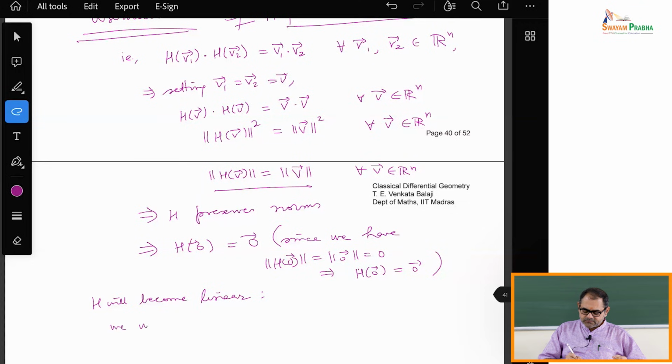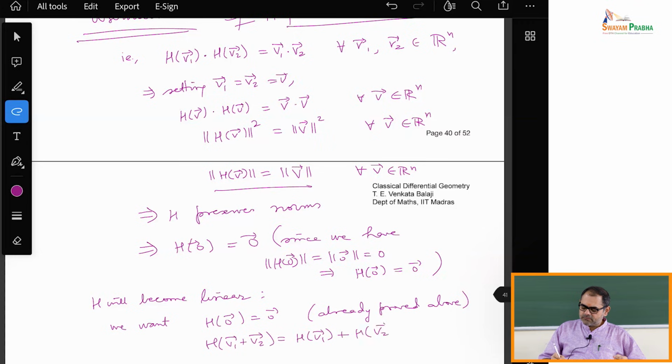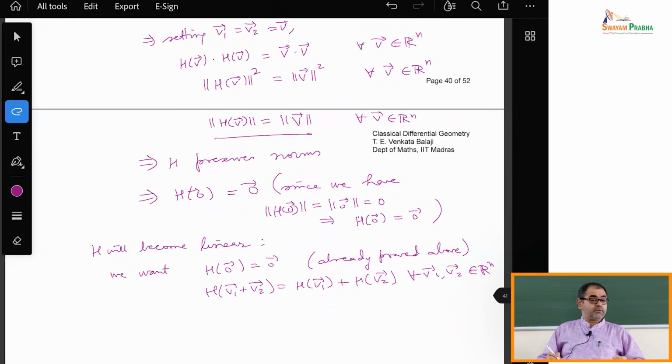We want H0 equal to 0, which is already proved above. Then you want H of V1 plus V2 equal to HV1 plus HV2 for every V1, V2 in the n-dimensional space. So H should respect addition, then H should respect scalar multiplication.